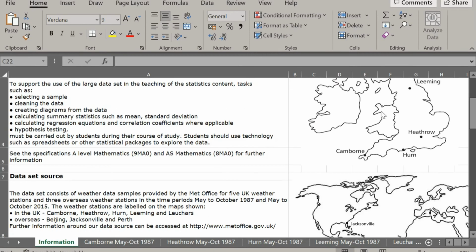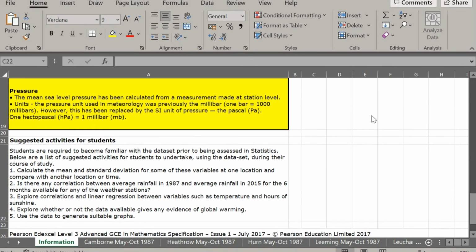Now here we've got the large dataset, and what we are looking for is information about the pressure. And we know for pressure, the mean sea level pressure has been calculated from a measurement made at a station level.